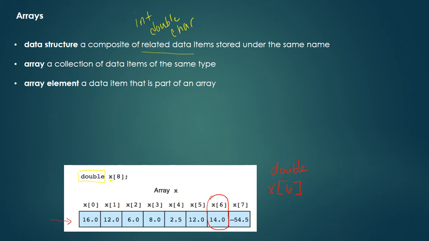That's the same thing as having a double variable. So X at index 6, or at any index within the range of the array, is of data type double. That means I can scan into it with scanf and %lf, I can print it onto the screen with %f, I can use it to do math, etc.